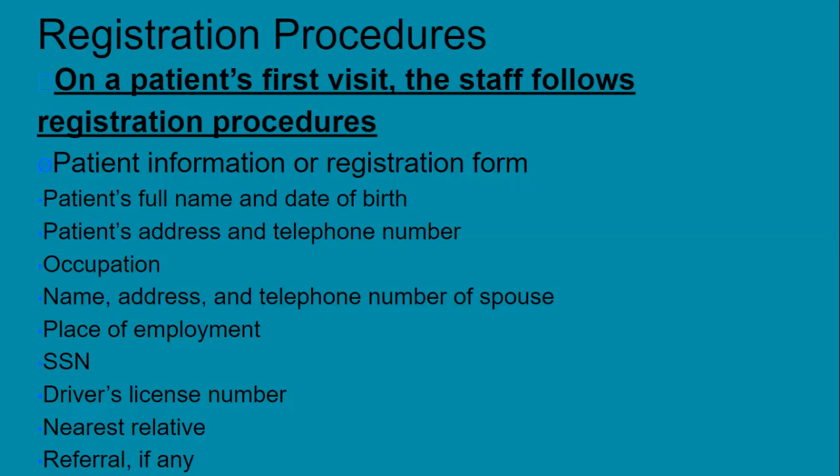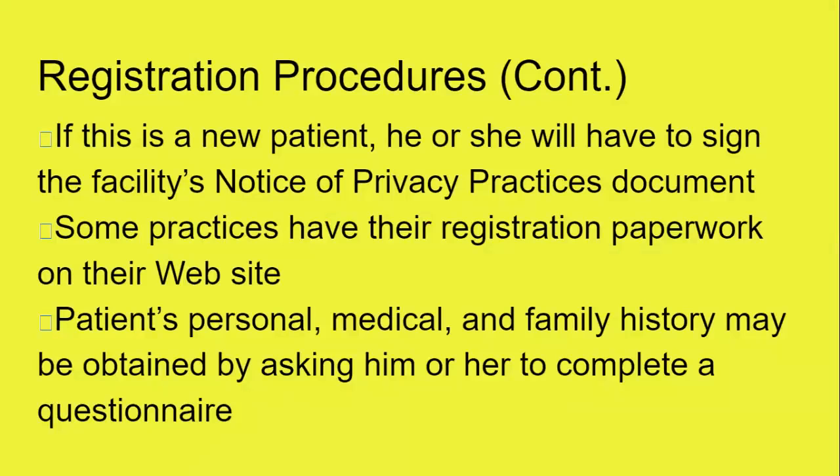Now, we've all filled out these registration forms, but I'm just going to touch base on them. If this is a new patient, he or she will have to sign the facility's Notice of Privacy Practices document. Some practices will have their registration paperwork on their website, and the patient's personal, medical, and family history may be obtained by asking him or her to complete the questionnaire.